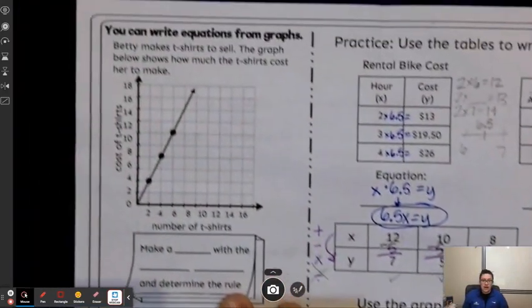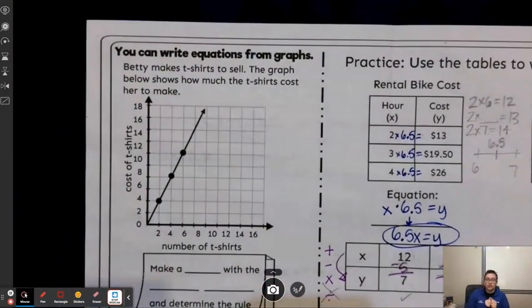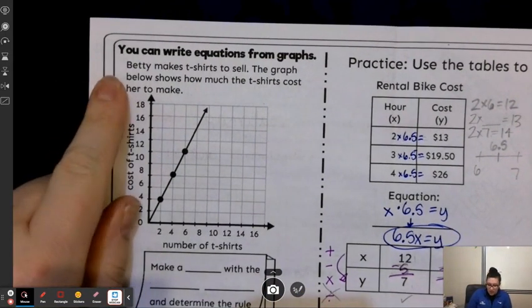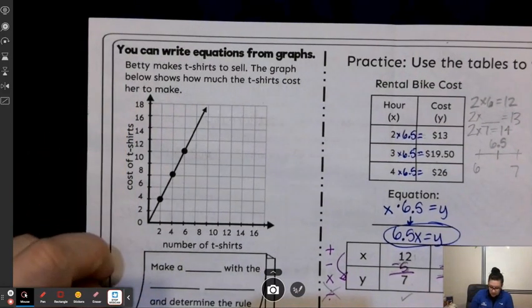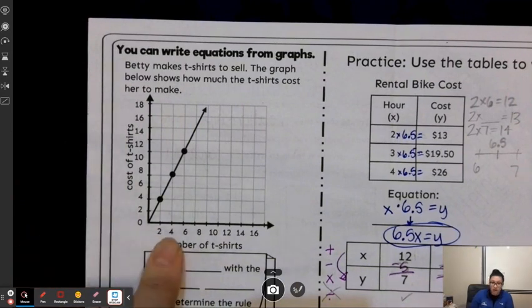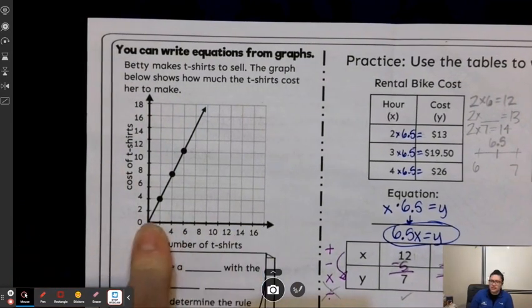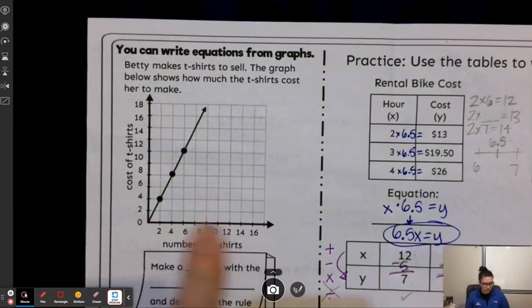Otherwise, we're going to slide over here to write an equation from a graph. Betty makes t-shirts to sell. The graph below shows how much the t-shirts cost her to make. So on our graph, what axis is this at the bottom? The horizontal one?